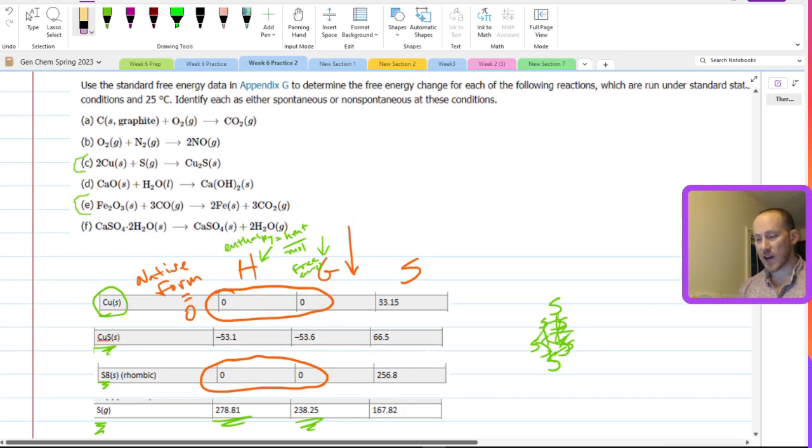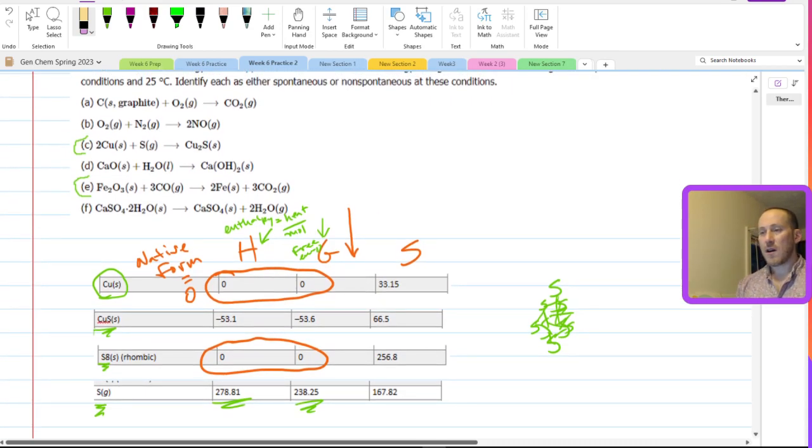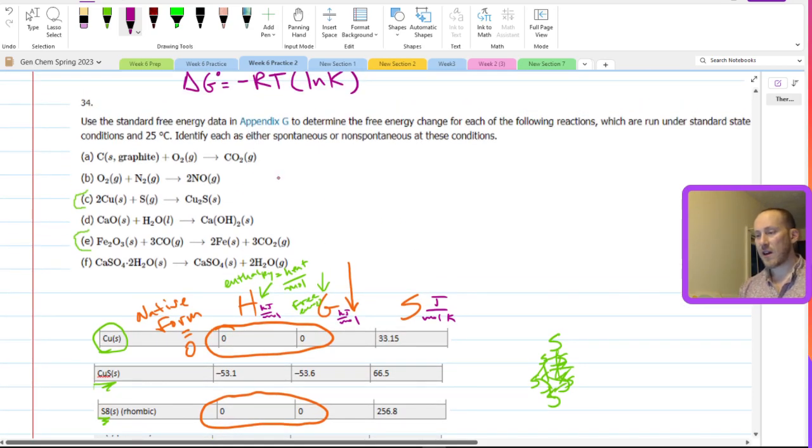So let's look at this first reaction. We can use this data from the table, of course, as always, kilojoules per mole and joules per mole Kelvin. We're identifying as either spontaneous or non-spontaneous, so that means we are looking for some delta G info.